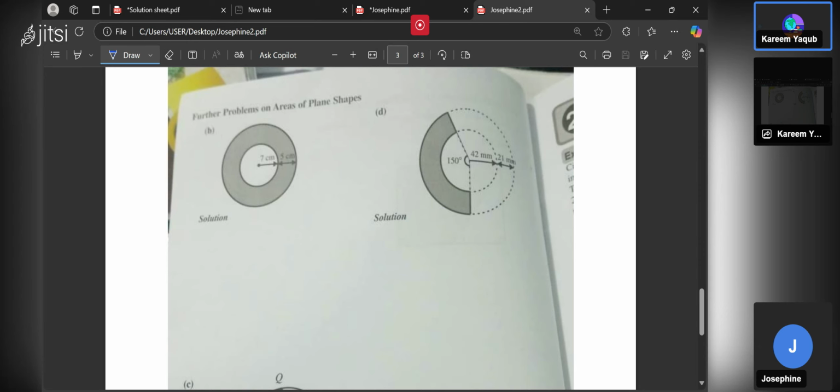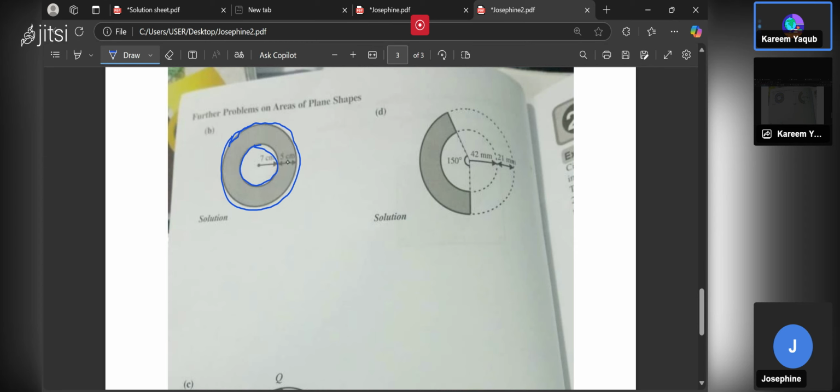Okay. So if you look at it, it's like a ring. You have two circles, one bigger and one smaller. So it means you are cutting out the smaller one from the bigger one.